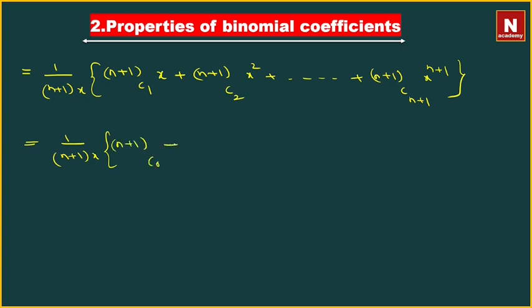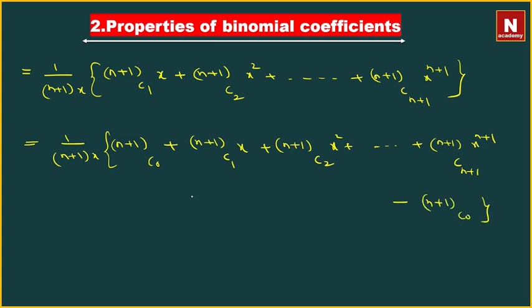Add n plus 1 C0 plus n plus 1 C1 x plus n plus 1 C2 x square and so on, n plus 1 C n plus 1 x power n plus 1 minus n plus 1 C0. Just add and subtract n plus 1 C0.